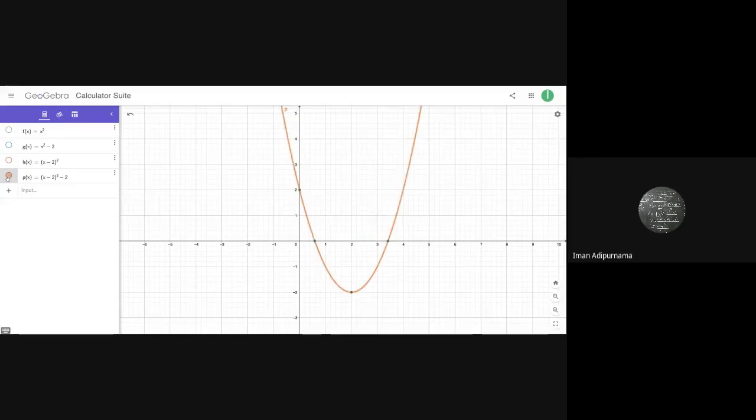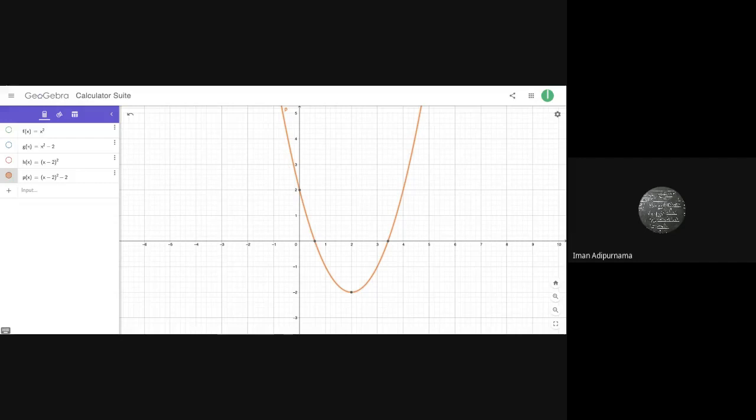The fourth one, you are moving to the right 2 points and then downwards 2 points, right? So you have x minus 2 squared minus 2. You can say that your minimum value point, you can see here, is 2, right?